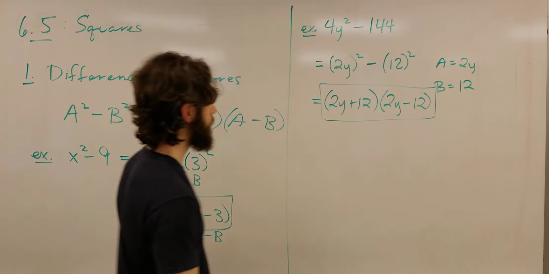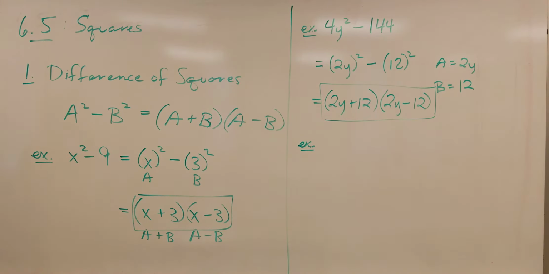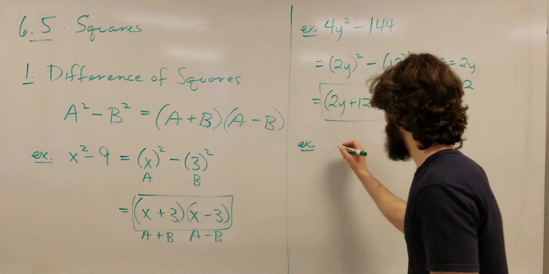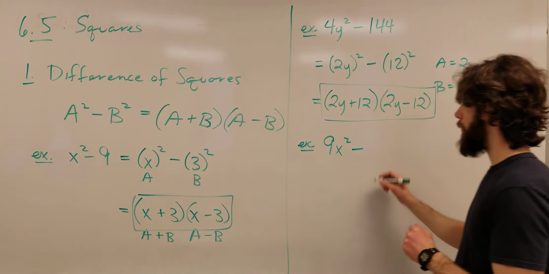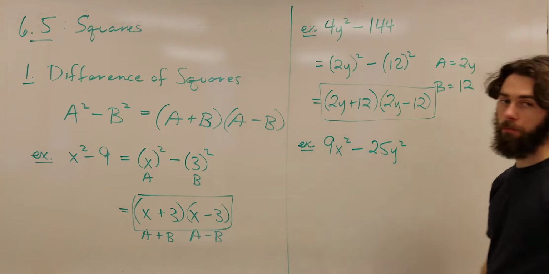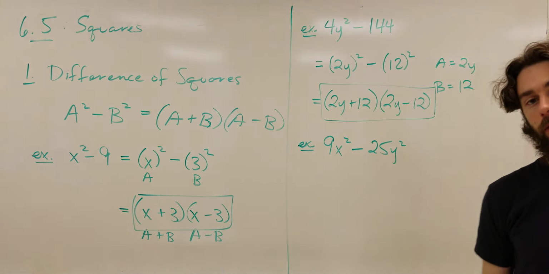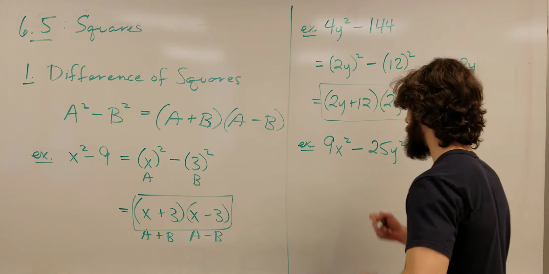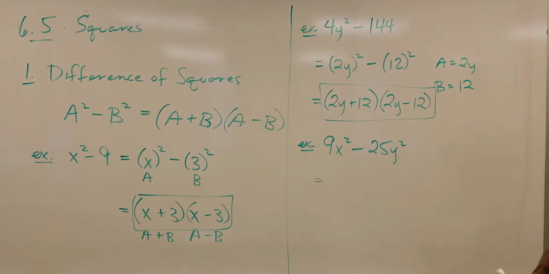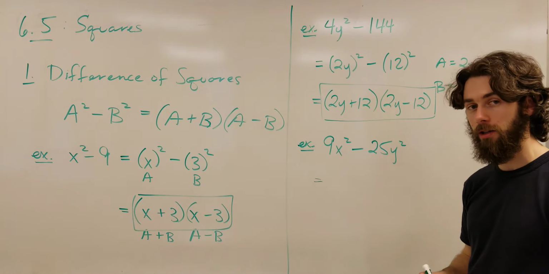And just to work one more in here, let's maybe do a third example. Let's throw something a little different in there. Let's do 9x squared minus, how about 25y squared? So go ahead and pause that. Try to work it out on your own. Okay, so maybe we start by noticing 9x squared, that's if we squared 3x.